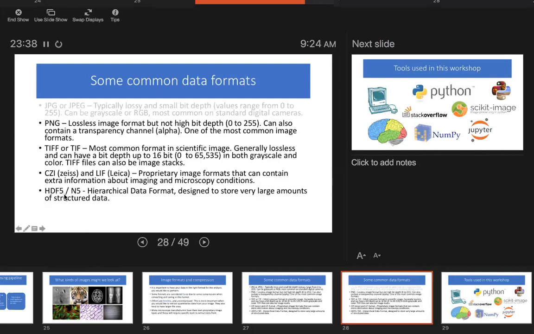Specifically, one that has become more and more important in the last few years are HDF5 or N5 or any of the hierarchical data formats, which are designed to store very large data sets. As soon as your data sets reach many gigabytes or even terabytes, keeping them as individual TIFFs becomes impossible, because you run out of space.